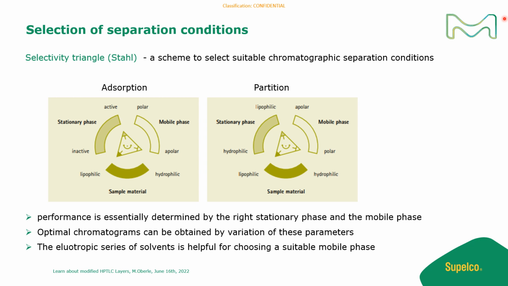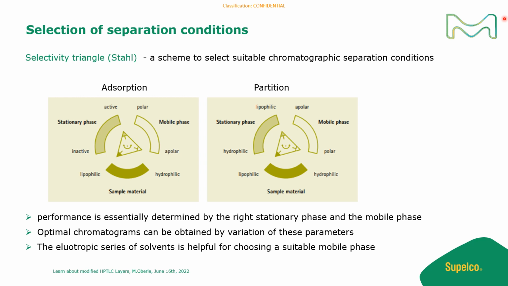Another helpful scheme is the solvent triangle of Snyder, where the different solvents are grouped according to their polarity, dipole moment, and acid-base character. Single solvent groups are suitable for special layer modifications.